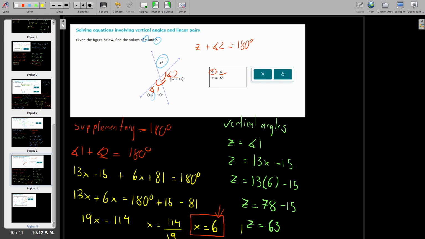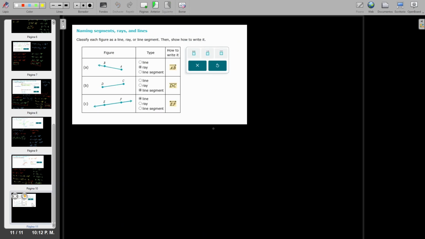That is the correct answer. As you can see, c is 63. We solved this one. Now, to this one. It's going to be easy.